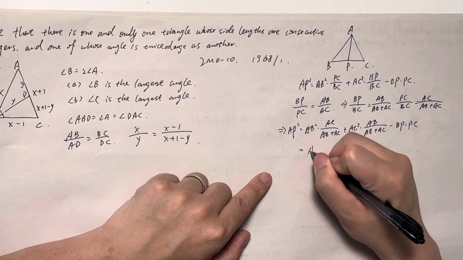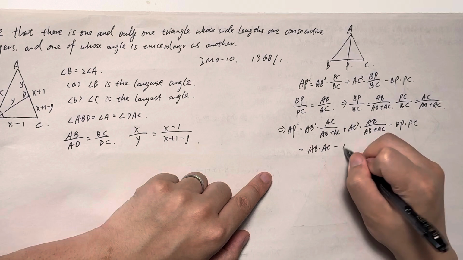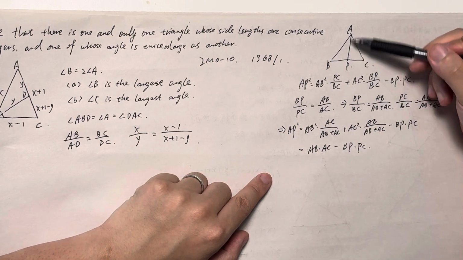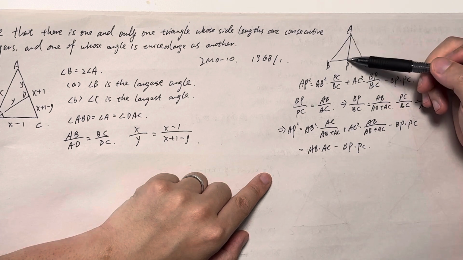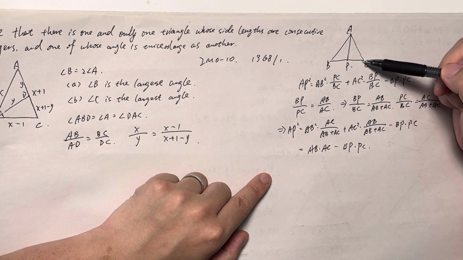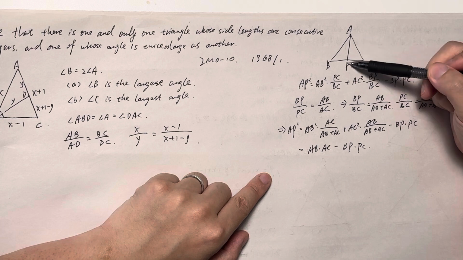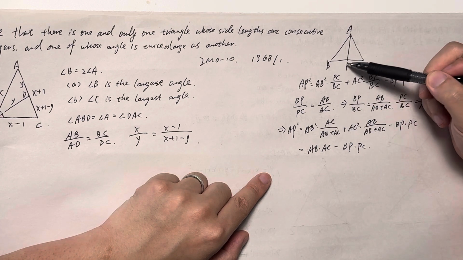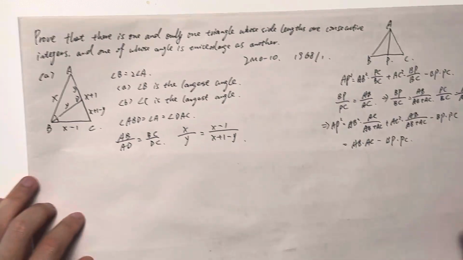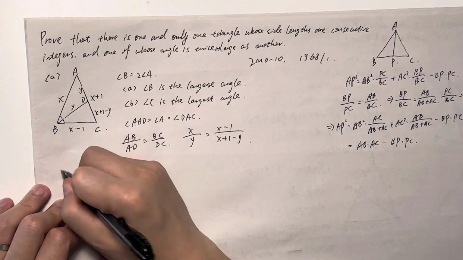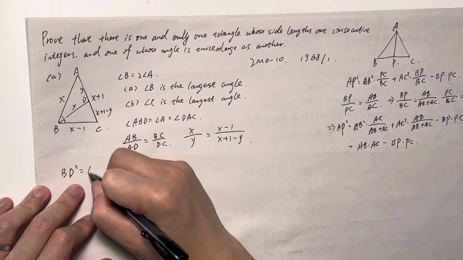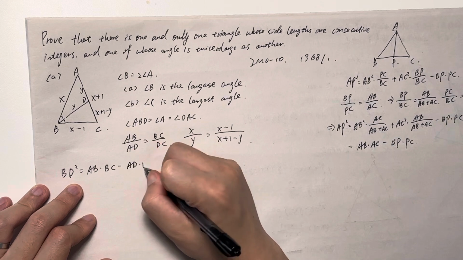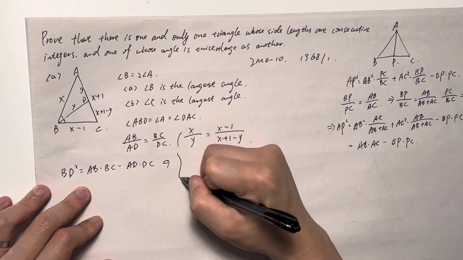So we have AB times AC left, minus BP times PC. When AP is an angle bisector of angle BAC, AP squared equals AB times AC minus BP times PC. So here we got BD squared equals AB times BC minus AD times DC.